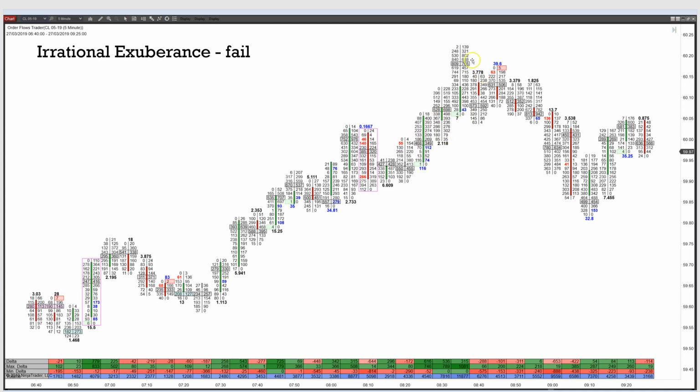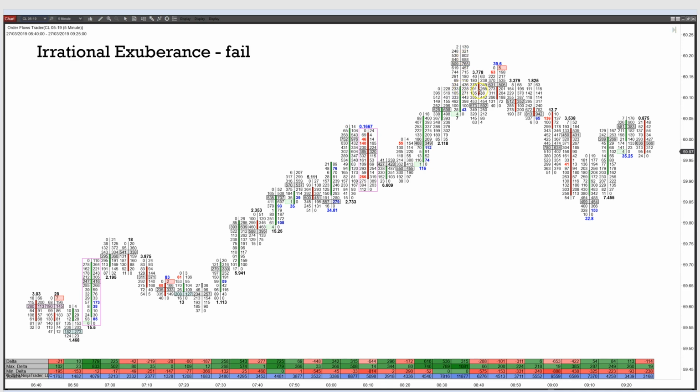Now, again, this bar is already starting to come off. For irrational exuberance, the trigger bar should close much higher, closer to the high, rather than rally up and then sell off like this. Here, we're closing right up near our high, right on our high. But this one rallied up, then sold off.